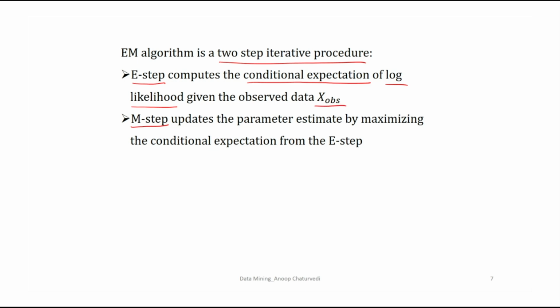And in the M step, we update the parameter estimate by maximizing the conditional expectation from the E step. So, these are the two steps of the EM algorithm, the expectation maximization algorithm.